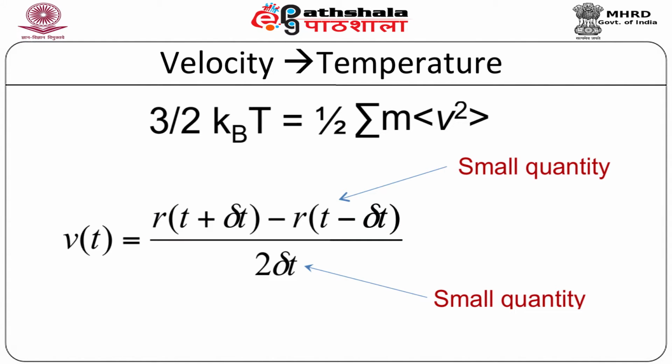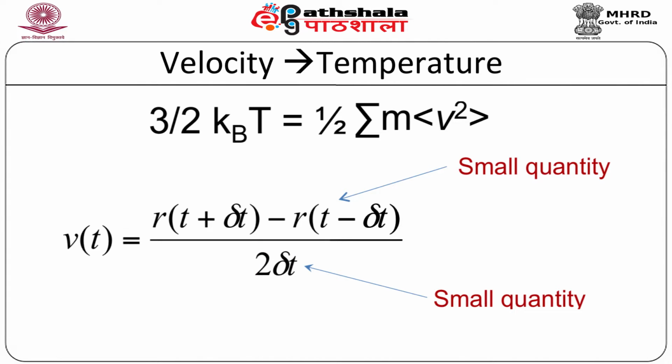But the problem is the atoms do not move very much in 2 delta t. 2 delta t is actually 2 times 10 to the power minus 15 seconds. So the numerator is very small. These two positions are not significantly different. Similarly, the denominator, 2 times 10 to the power minus 15, is also a very small quantity.